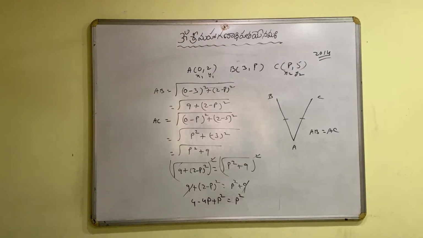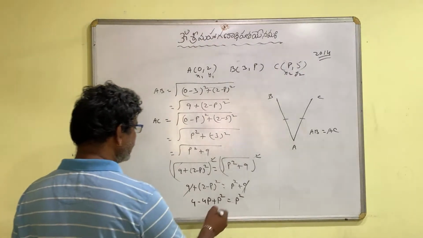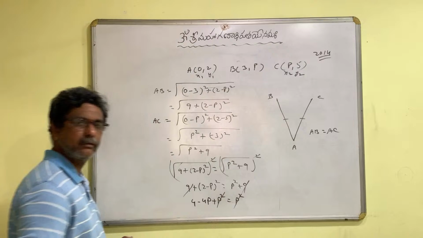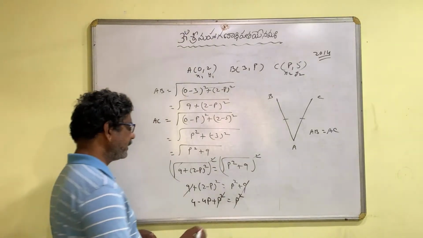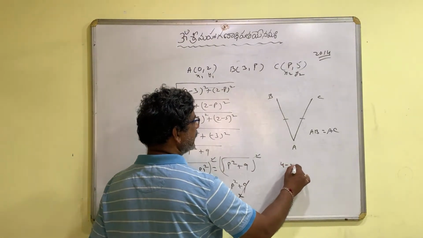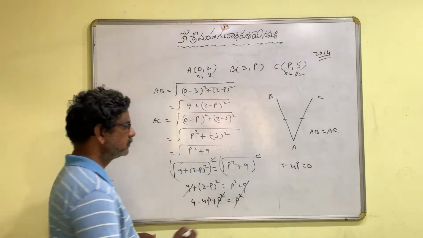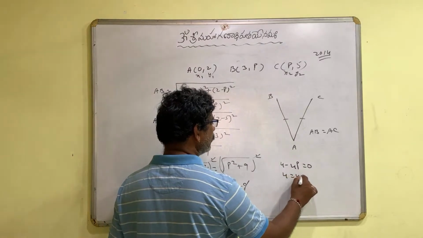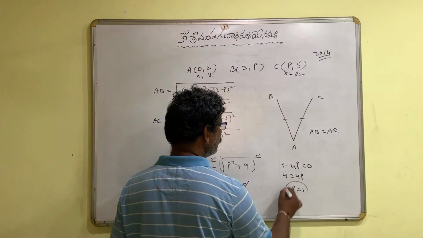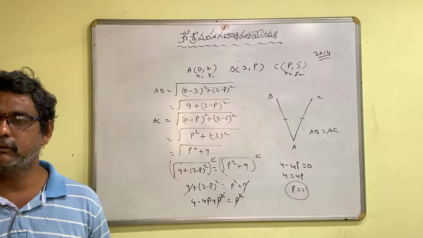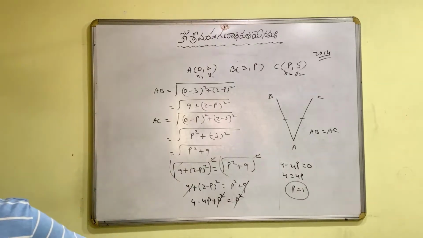Now p square gets cancelled. So we will remain with 4 minus 4p is 0. 4 is equal to 4p, p is equal to 1. So p value is 1.